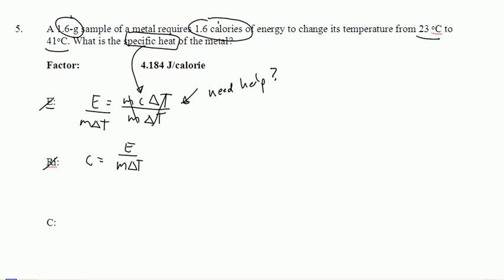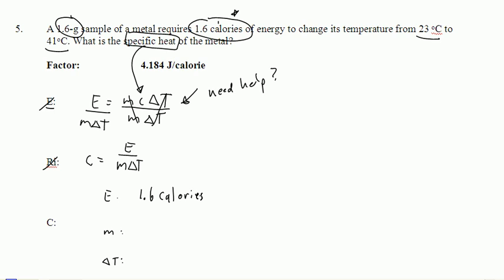Okay, let's crisscross. In order to solve for C, I need E, I need M, and I need delta T. Let's walk through it. E was given here, 1.6 calories.